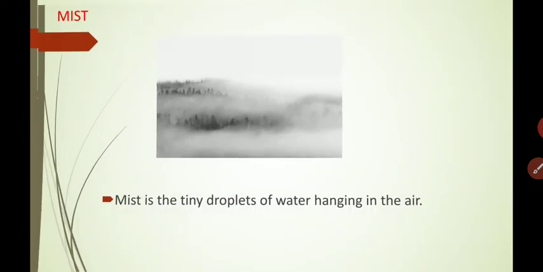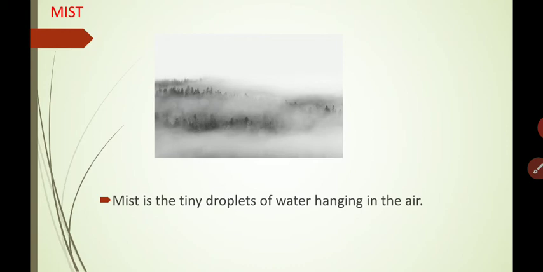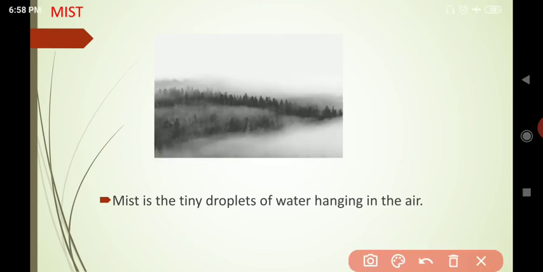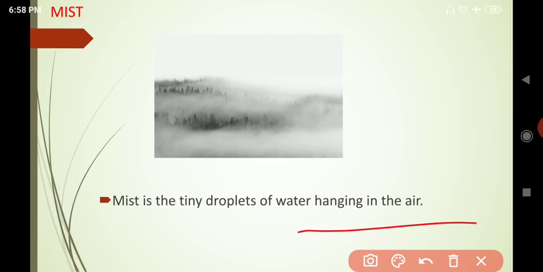These droplets form when the water vapor in the air is rapidly cooled, causing it to change from an invisible gas to tiny visible water droplets. See the picture. This tiny droplet of water hanging in the air is called mist.